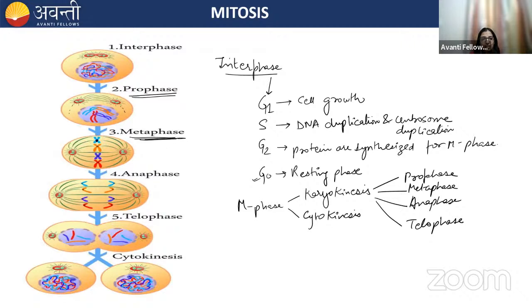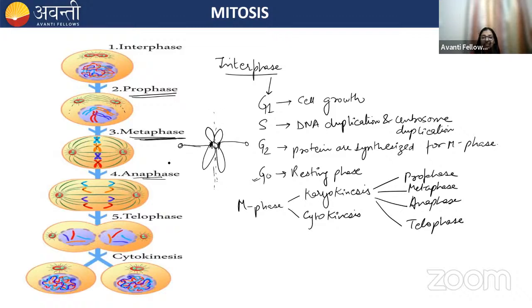In metaphase, the chromosomes get aligned at the equatorial plane. As you can see in this image, all the chromosomes align at the equatorial plate, and the spindle fibers from the opposite poles get attached to the kinetochore of the chromosome. Spindle fiber from this pole will attach to the kinetochore. Spindle fiber from this pole is also attached to the kinetochore. And this is the equatorial plate.